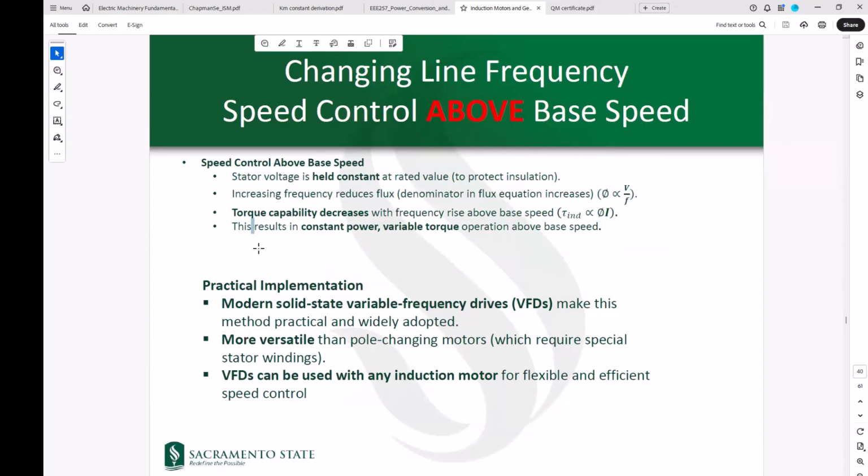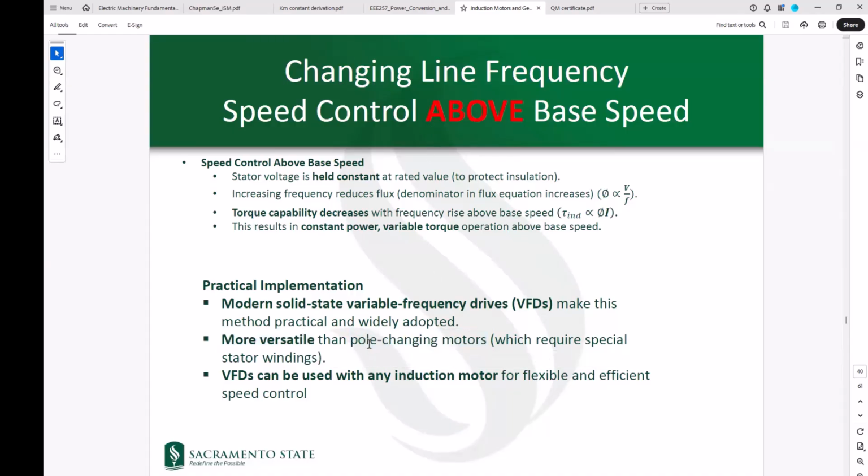So overall, in practical implementations, modern solid-state VFDs are widely adopted and can provide a good control over the speed in the machine. Using VFDs is much more versatile than pole changing motors.